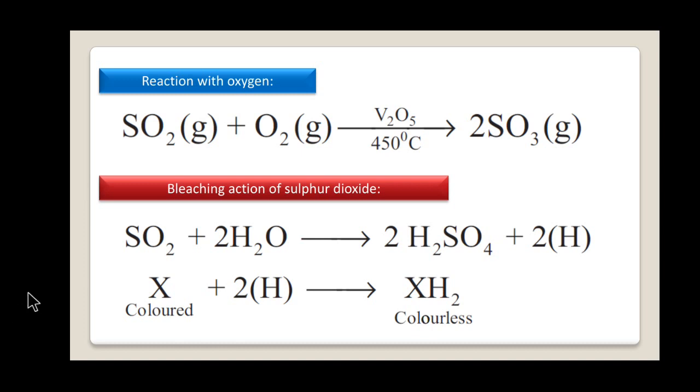The reaction is SO2 reacting with water to form H2SO4 and nascent atomic hydrogen. Imagine X is a colored compound; it reacts with nascent hydrogen and forms colorless XH2. So generally sulfur dioxide used as a bleach converts a colored compound to a colorless compound.